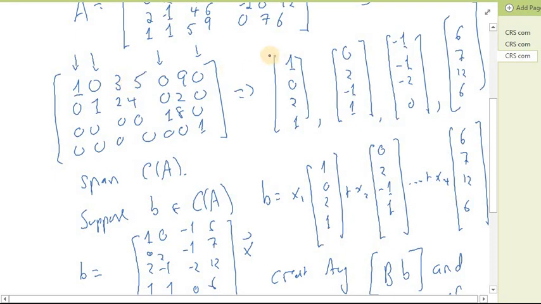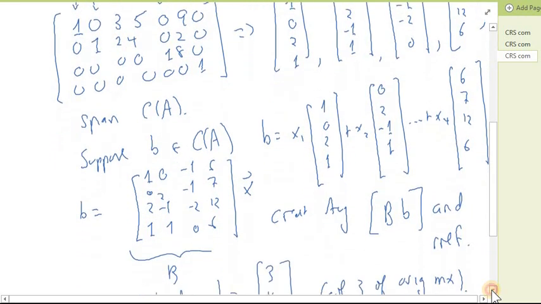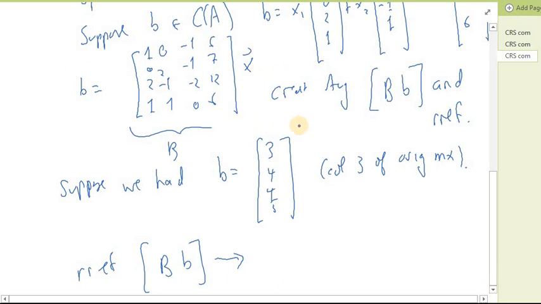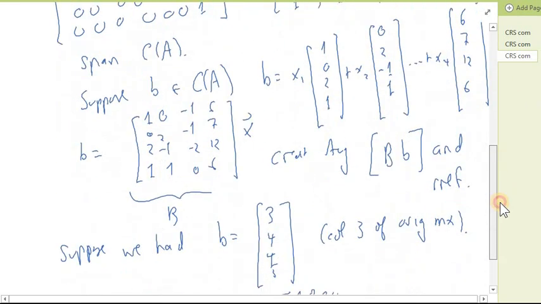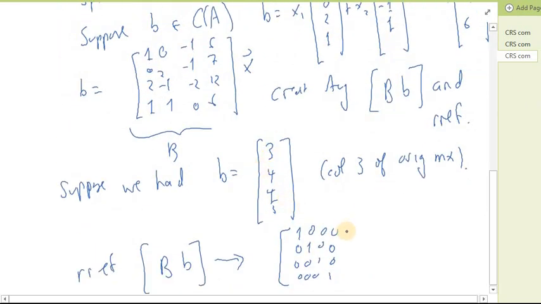So I get the identity matrix, 1 0 0 0, 0 1 0 0, 0 0 1 0, 0 0 0 1, and then this column that corresponded to column 3. That would be 3 2 0 0.